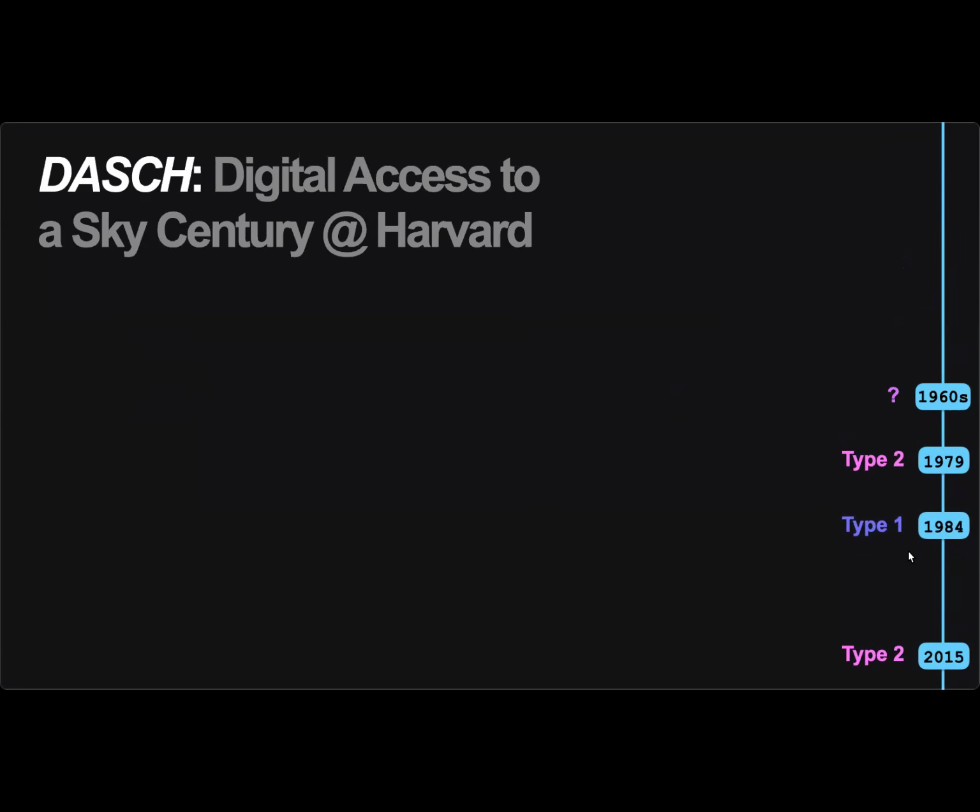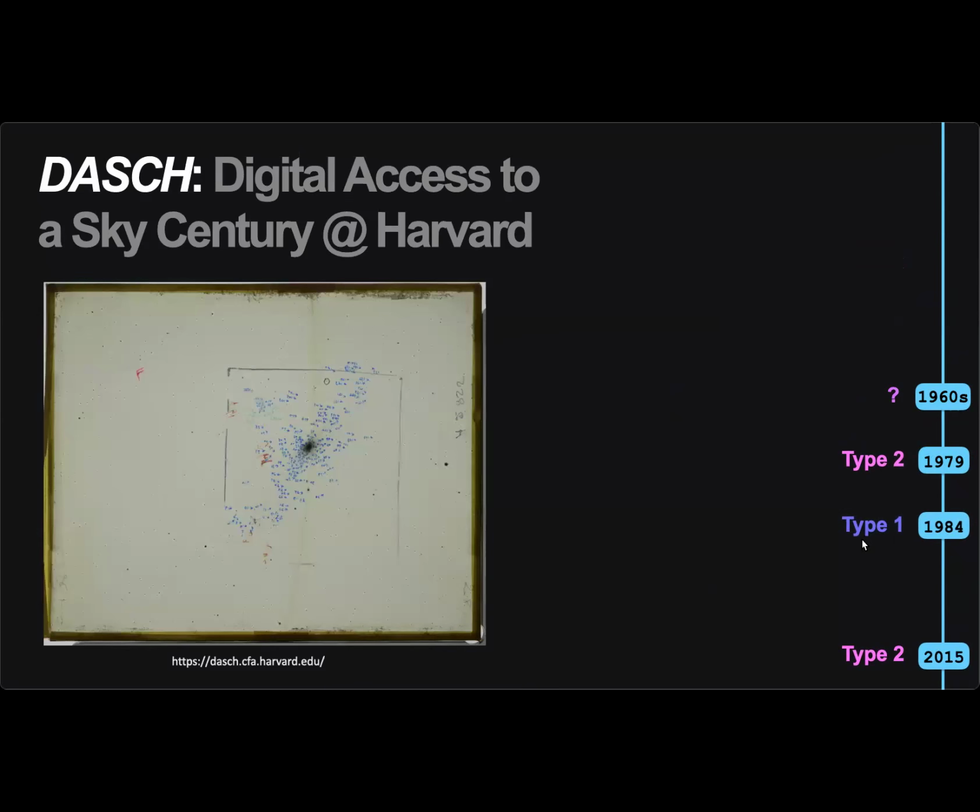And that is where we found this fantastic resource, the Digital Access to a Sky Century at Harvard, which is a digitized catalog of photographic plates from the 19th and 20th centuries. There's more than 500,000 plates spanning from 1880 to 1990 with very good spatial resolution.